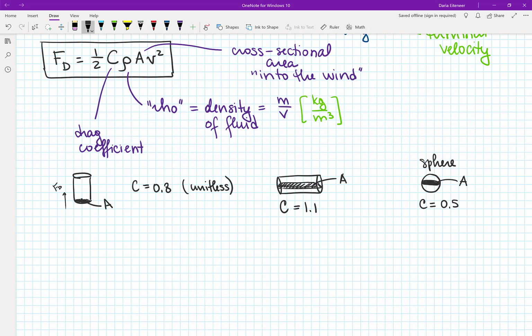If I ever ask you to calculate anything of the sort, I will give you C and rho. Area, you might have to calculate, so it's going to be either a circle or a rectangle, which is easy to calculate. And then obviously speed, you'll know, or maybe you'll have to calculate that. And that's how we're going to define drag force. And of course, just like any other force, the drag force is measured in newtons.